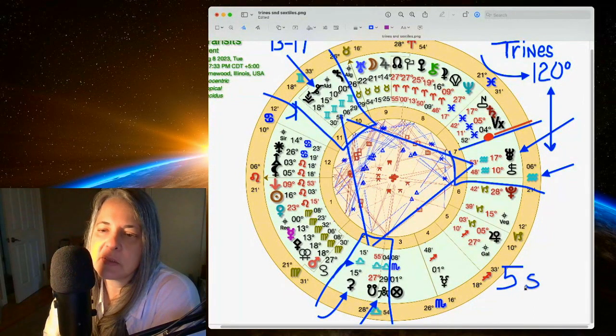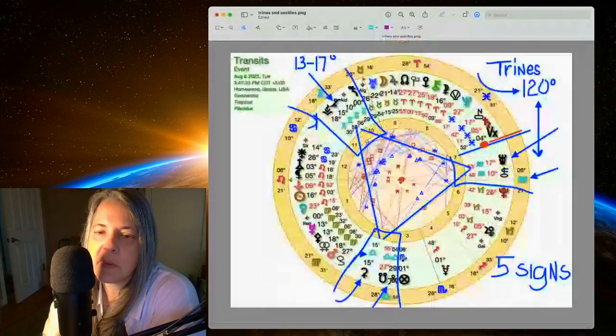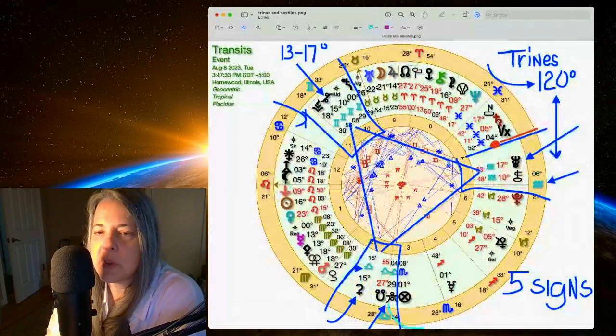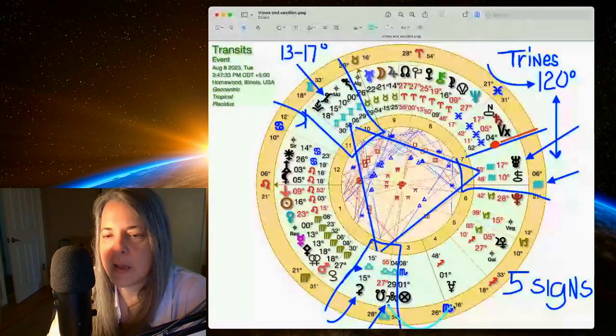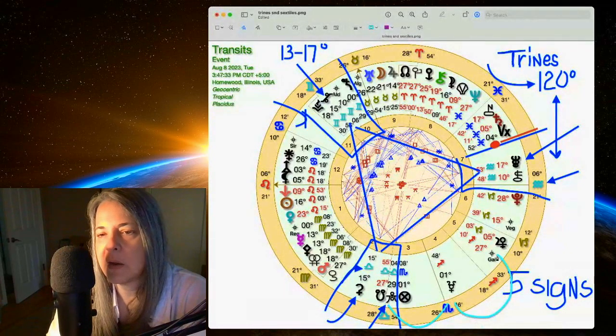5 signs away, and you have to count the sign that you're in. Okay. So let me change the color out real quick and we'll do that. I'm going to start in Libra, and I'm going to go to Scorpio, and then to Sagittarius, and then to Capricorn, and then to Aquarius.